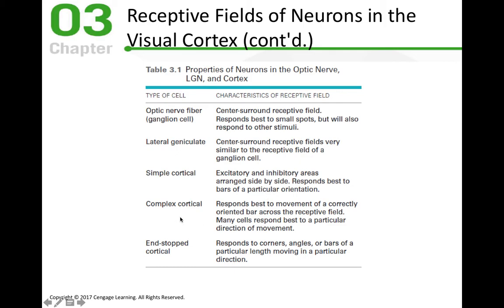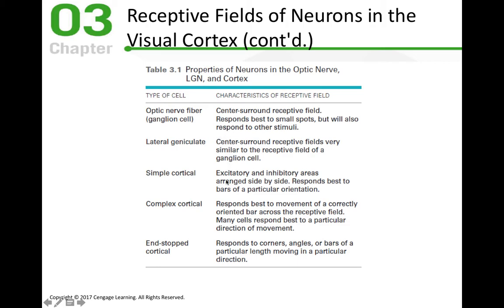So the idea is that as we get further in the system, you've got your retina, the ganglion cells of the retina sending signals to the lateral geniculate, and the lateral geniculate and the ganglion cells are basically just responding to spots of light. They're more generalized in function.